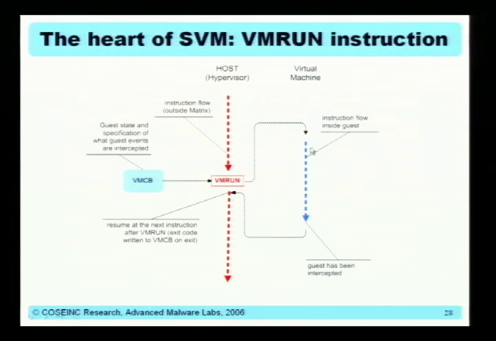The operating system here executes until a page fault exception occurs, for example, or a debug exception occurs, or somebody issued the SIDT instruction, whatever, and then we break into the hypervisor and continue execution from the next instruction after VMRUN, just like with a call instruction, a generalized call instruction. From this point on, we call this the hypervisor and we call this the guest.